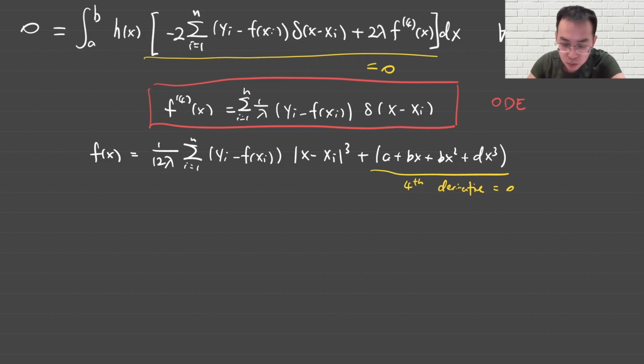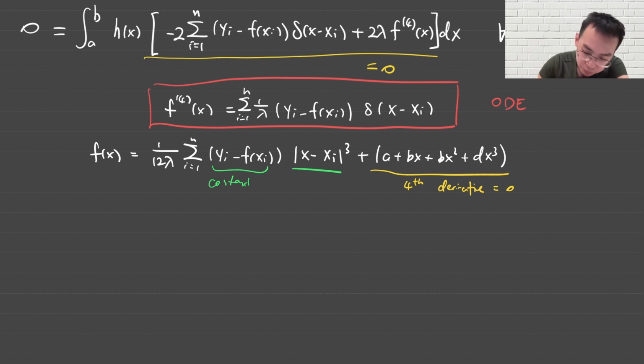And to get to that, let's just think about which term is important, right? The only term that matters is here, right? So this is a constant that we don't really need to care about, and all we care about is this absolute cubic term. To make things easier, I'm just going to do this one to the third power.